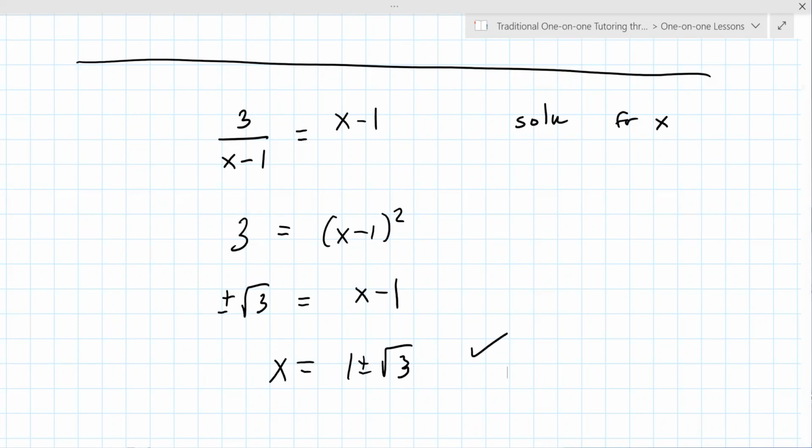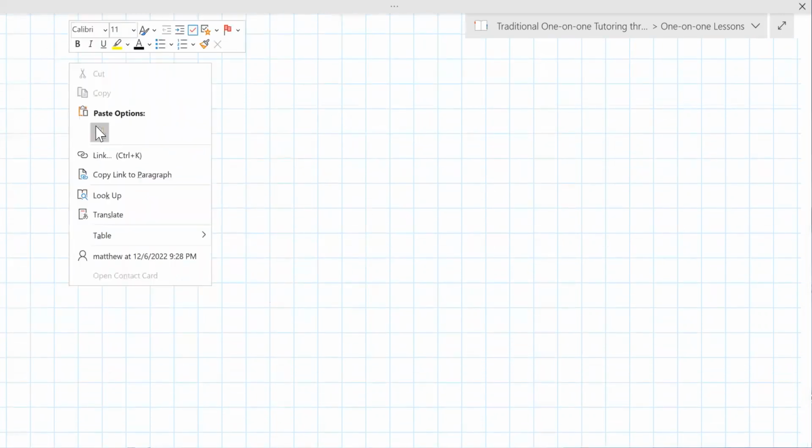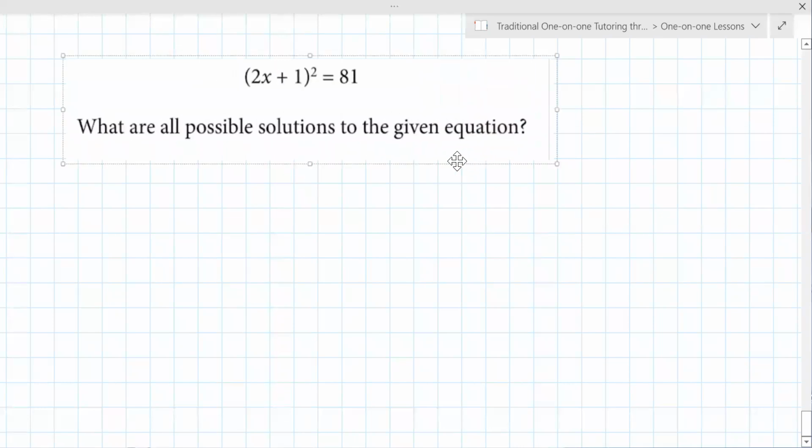Okay, let's have you try another one here that's kind of similar. This 81 seems to be in a lot of these questions here, but go ahead and give this a try, please.